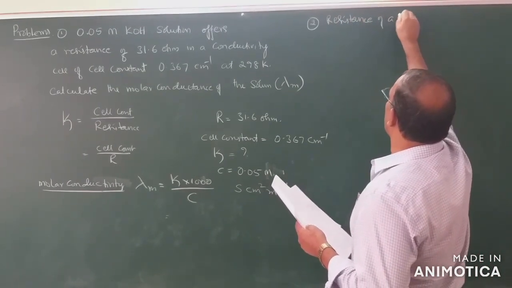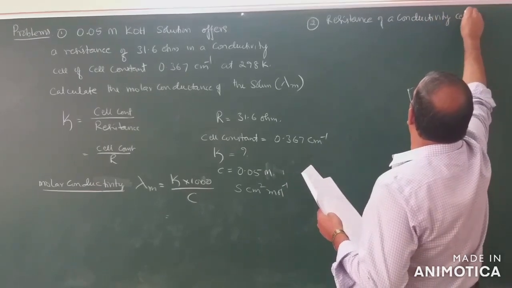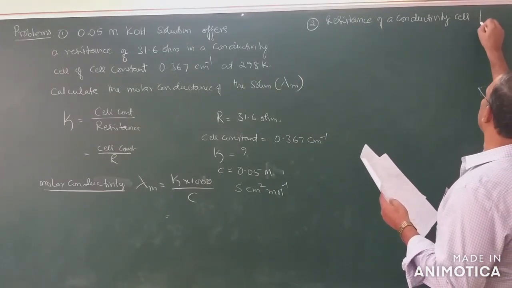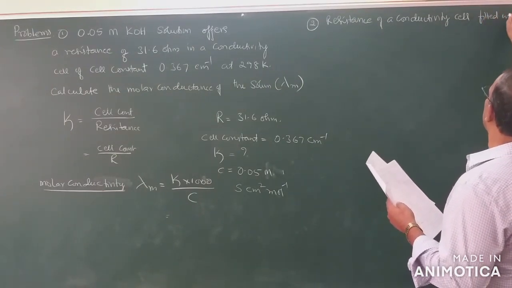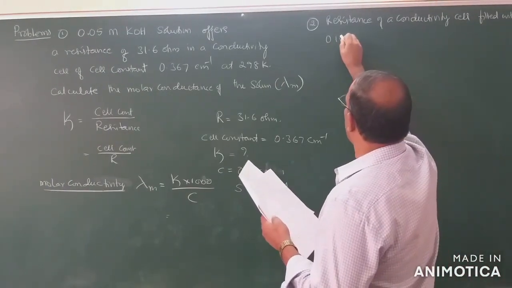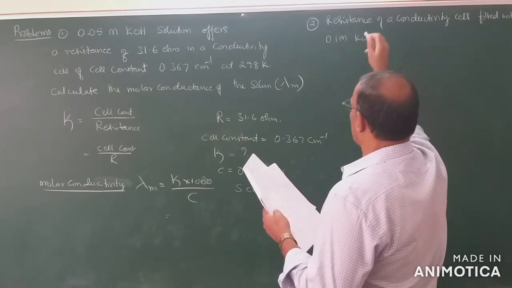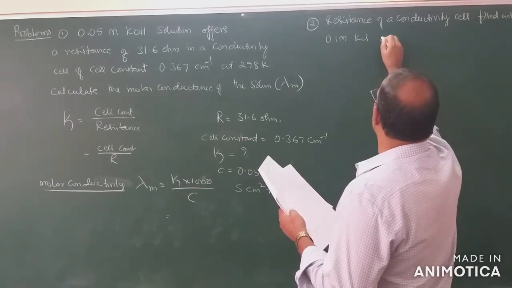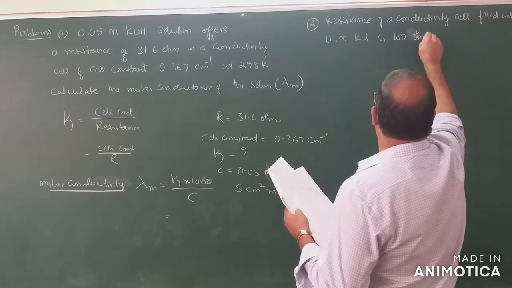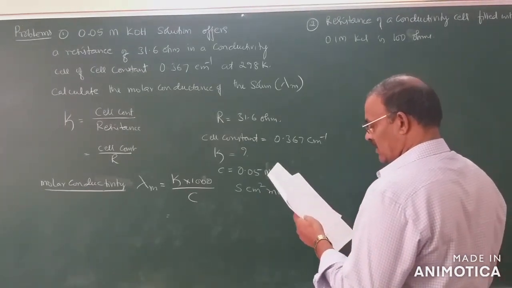Resistance of a conductivity cell fit with 0.1 molar KCl is 100 ohms. So this is the resistance of the KCl solution.